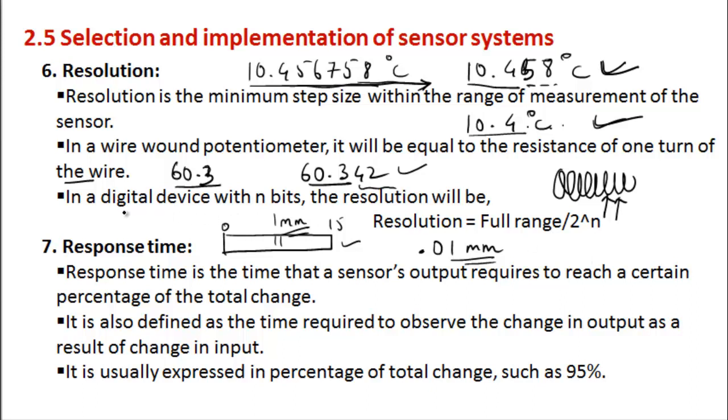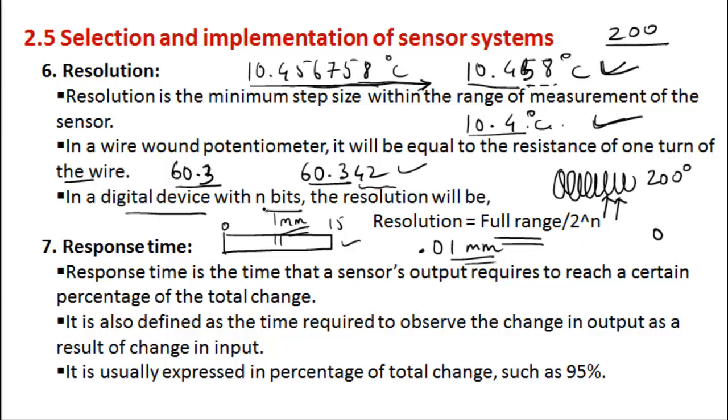In the case of a digital device with n bits, the resolution will be the full range divided by 2 raised to the power n. Suppose you have a temperature reading which you can measure from 0 to 200. So the range is 200.